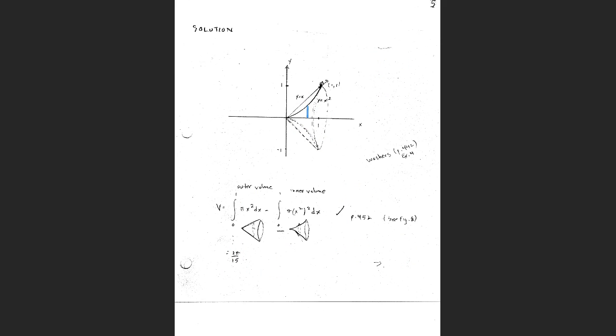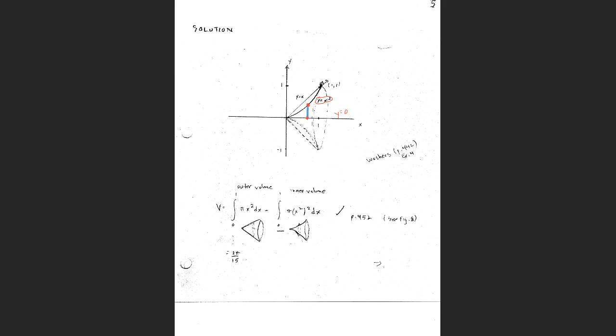It's this distance here from these 2 points, these 2 y values. Well, the top y value is x squared. The bottom y value is the x-axis, which is y equals 0. So the inner radius is x squared. X squared minus 0 is x squared. So far, so good?